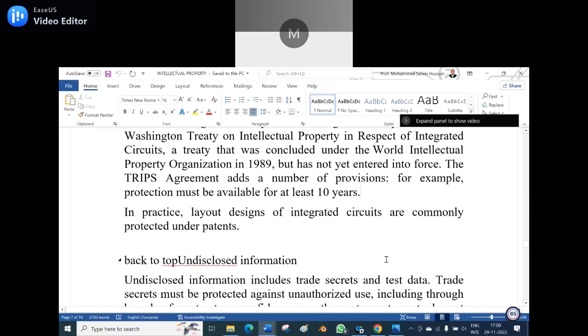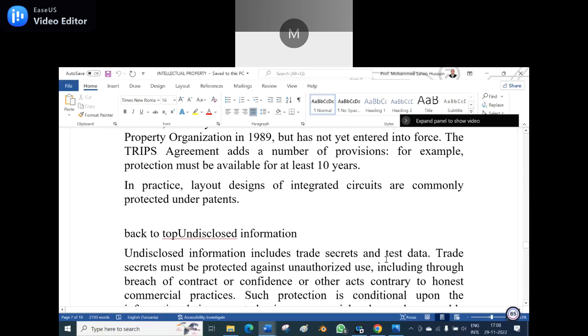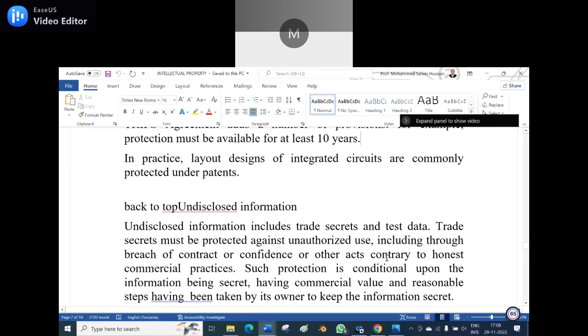In practice, layout designs of integrated circuits are commonly protected under patents. So integrated circuits are also intellectual property, and they will be protected under patent. Of course, in Tanzania there is also a Patent Act, and we will read in the next classes what acts are there in Tanzania.